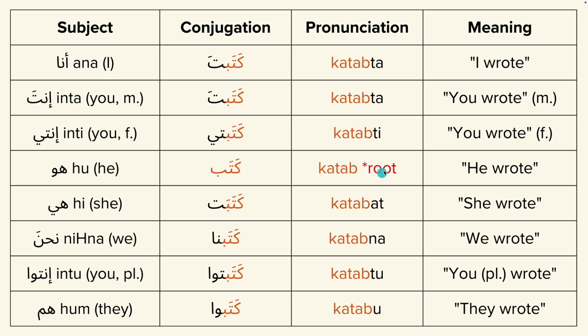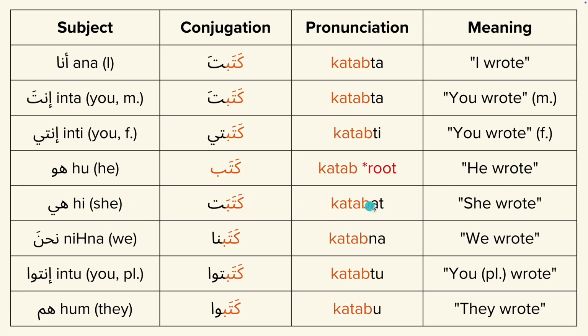Meaning verb roots are always in the form of he or him. He wrote. Who katab. And now to say she wrote, you need the pronoun for she, which is he, and then the root for the verb to write, katab, and then the suffix at. At means she wrote. He katabat.